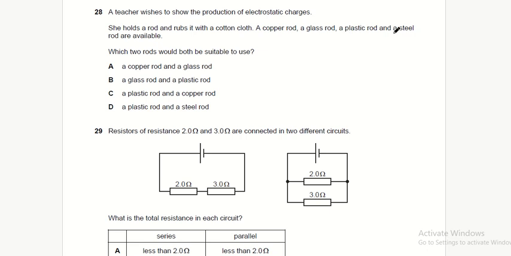Which of these rods can be used to have a static charge on it when rubbing with cotton clothes? It cannot be a metallic rod like copper or steel because charges will flow through the rod, so it must be an insulator like glass or plastic.